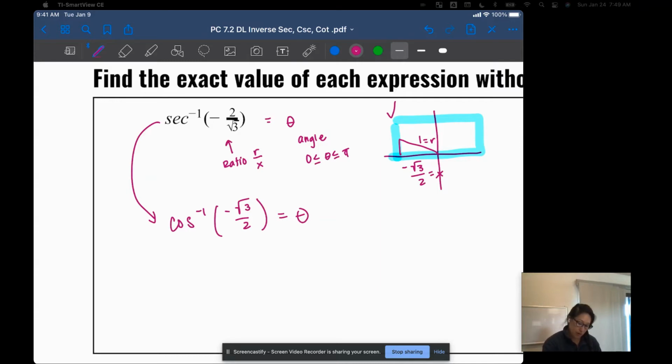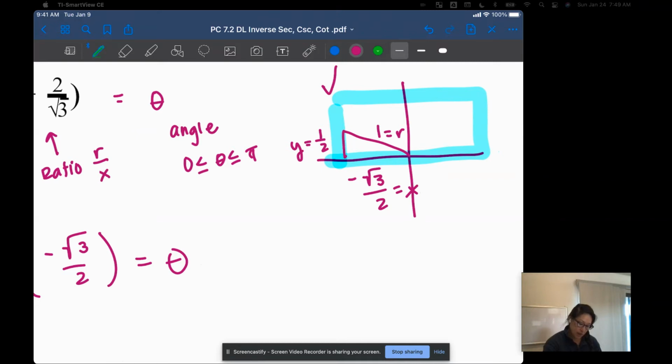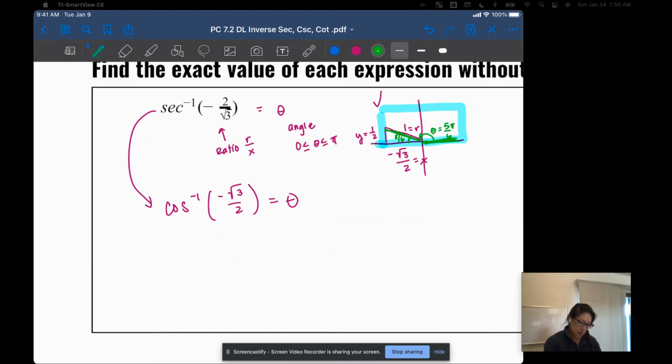I know this is a 30-60-90 triangle, so I'd have a length of 1/2 for y, which means the reference angle is pi over 6. So my actual angle would be 5 pi over 6. In standard position, the initial side to the terminal side would give me an angle of 5 pi over 6. So theta, the angle that gives me this cosine ratio, is 5 pi over 6.